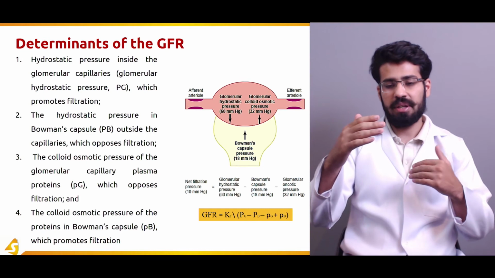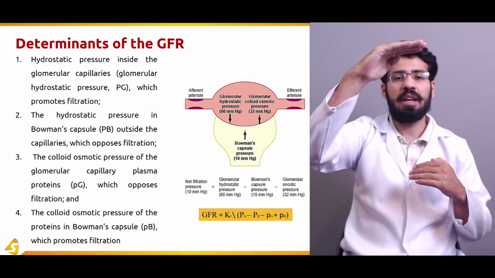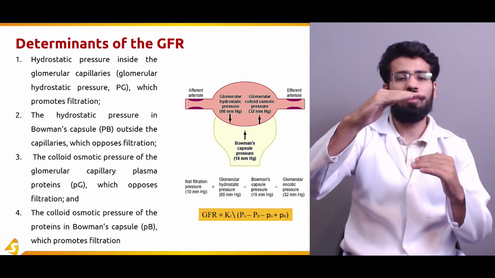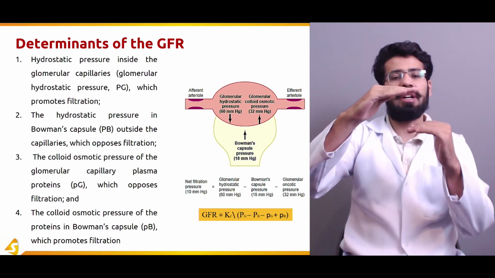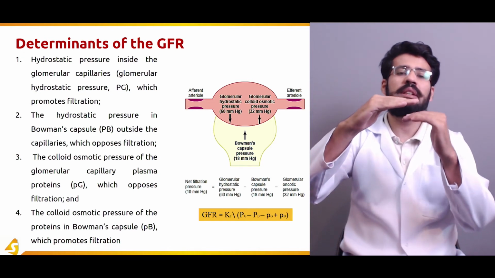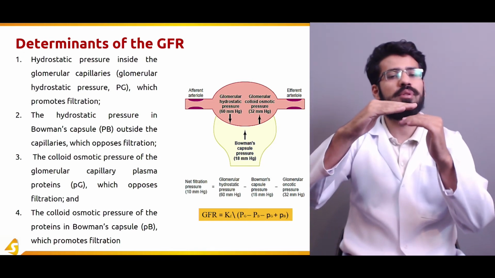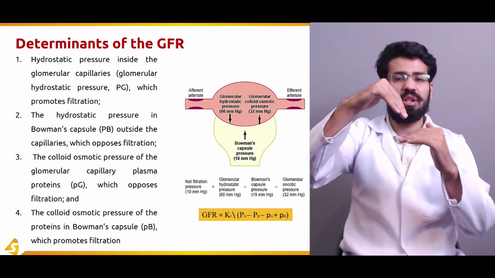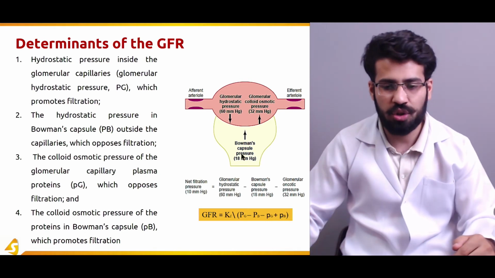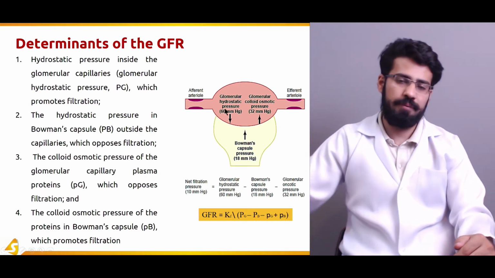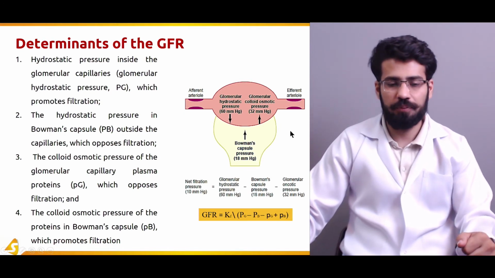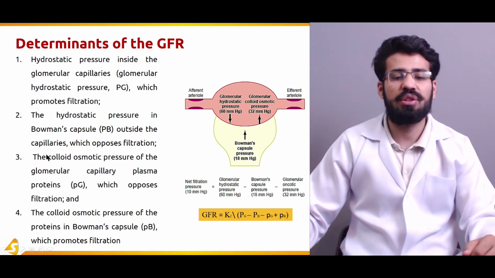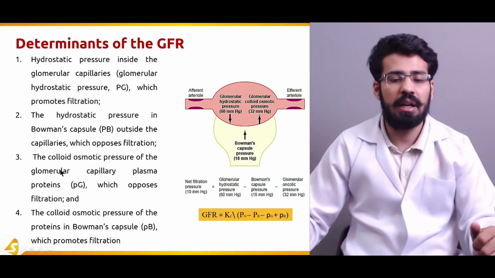The glomerular capillaries are pressing in one direction and the hydrostatic pressure of the Bowman's capsule is in the opposite direction, so it will be opposing the glomerular filtrate entering into the Bowman's capsule. So in order for the filtrate to go there, this pressure has to be less. And this pressure is shown over here as 32 millimeters of mercury. Third and the most important thing is the colloid osmotic pressure of the glomerular capillary plasma proteins.